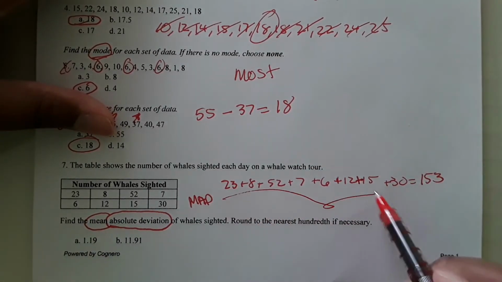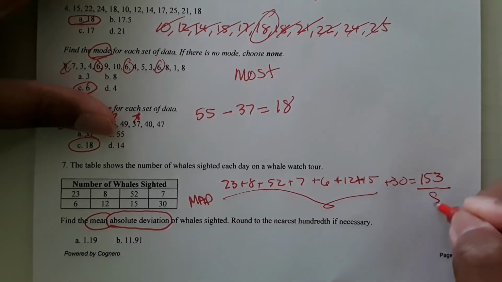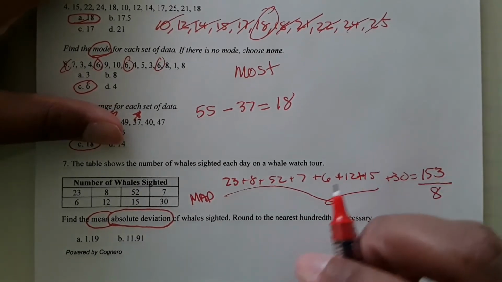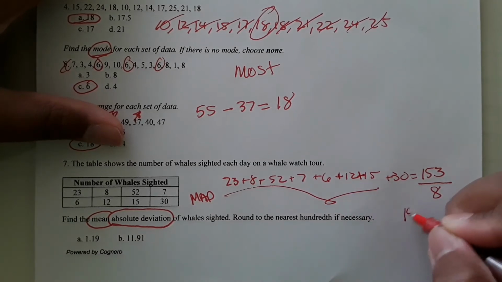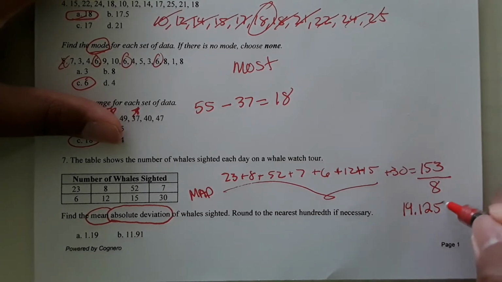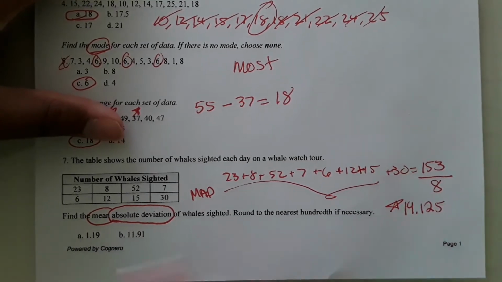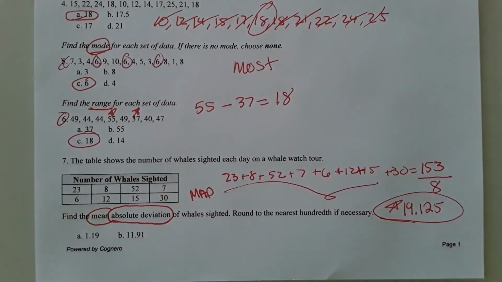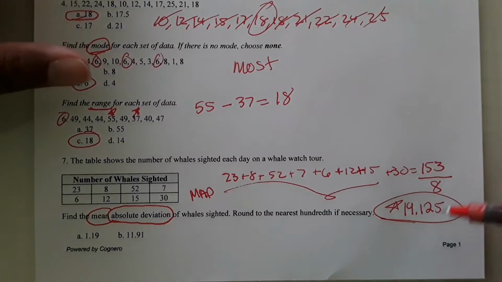There are 8 numbers in the set, so to finish finding the mean, you divide it by 8, and you were given the number 19 and 125 thousandths. So this is the number we're comparing each one of these data points to, 19 and 125 thousandths.